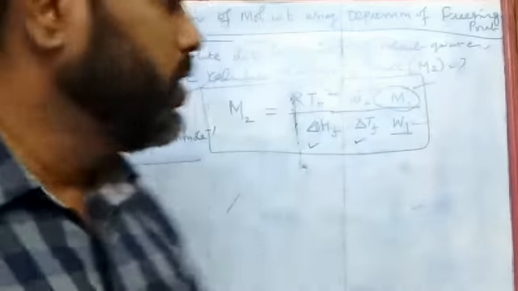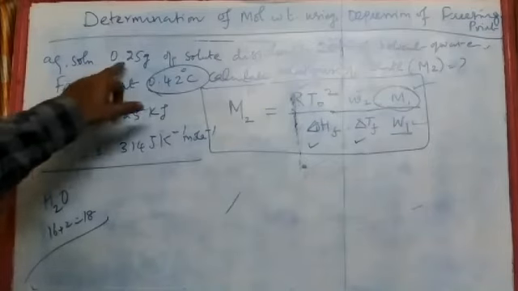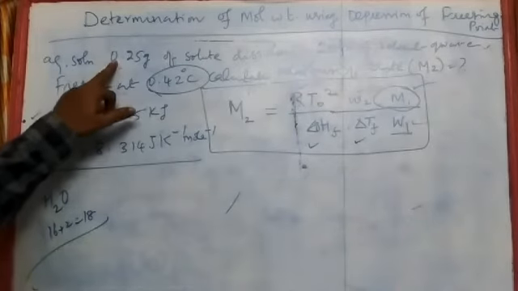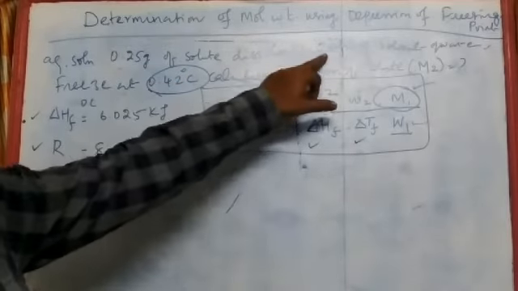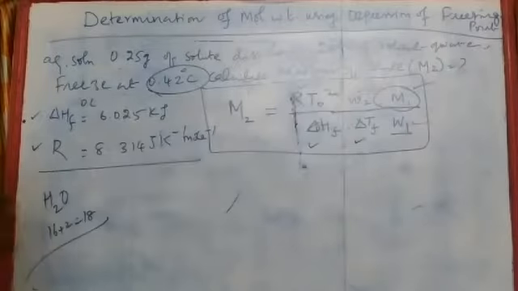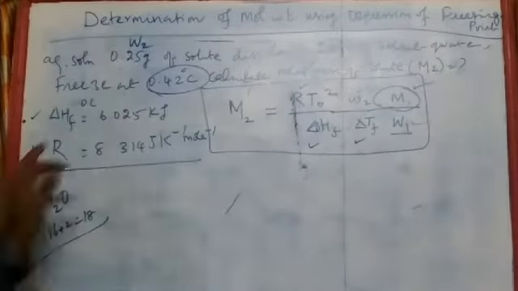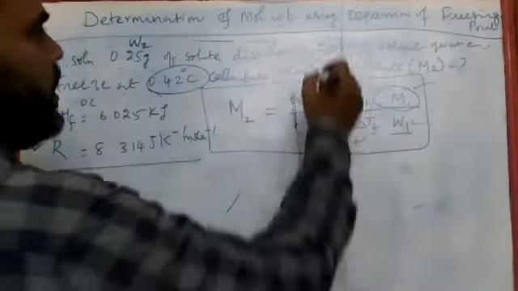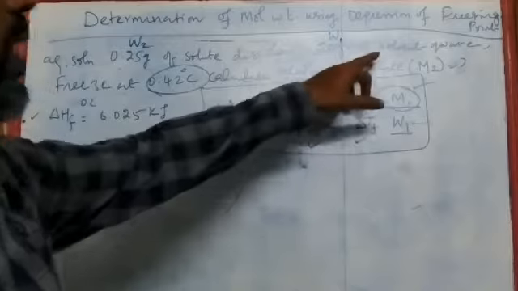I have given you a problem: an aqueous solution consisting of 0.25 gram of solute dissolved in 20 gram of solvent. The 0.25 gram of solute is W2, the weight of the solute. The 20 gram of solvent is noted as W1.